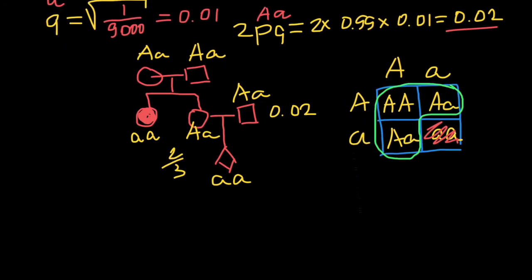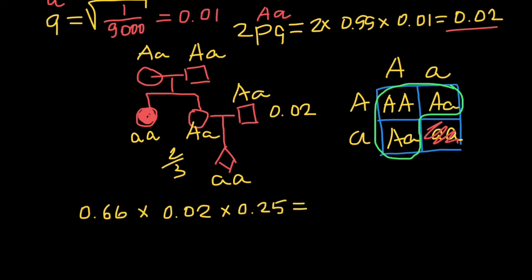Our final calculations are going to be as follows. The probability of Maria being a carrier is 2/3, or 0.66 as a decimal number, times the probability of John being a carrier, which is 0.02. If both Maria and John are carriers, it's not necessary that they would have an affected child. If they both are carriers, the probability of getting an affected child would be 1/4, or as a decimal number, 0.25.